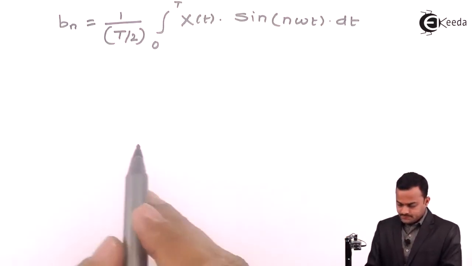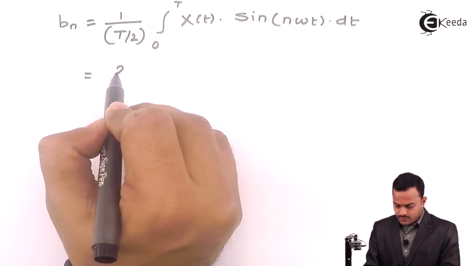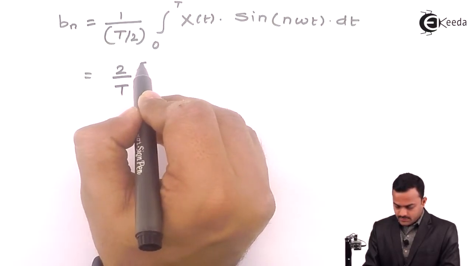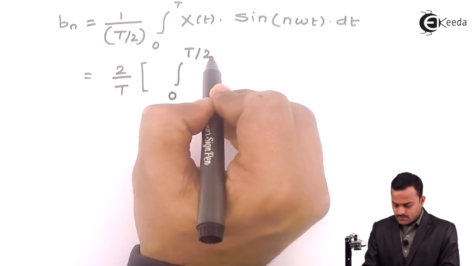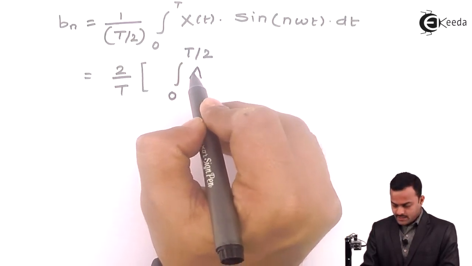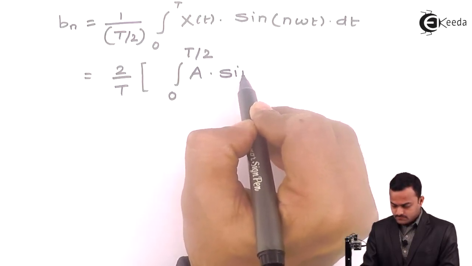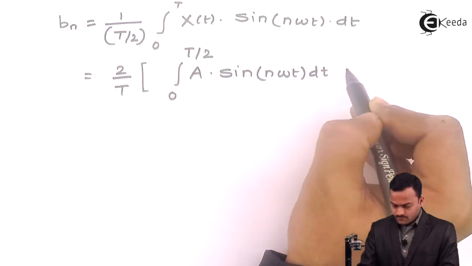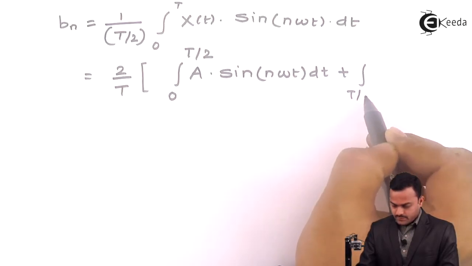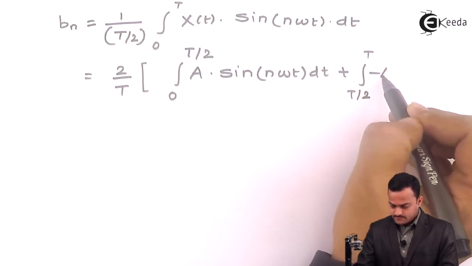So over here it will be 2 by capital T, integral gets split into two limits because x of t is A in 0 to T by 2, and from T by 2 to T it is minus A.